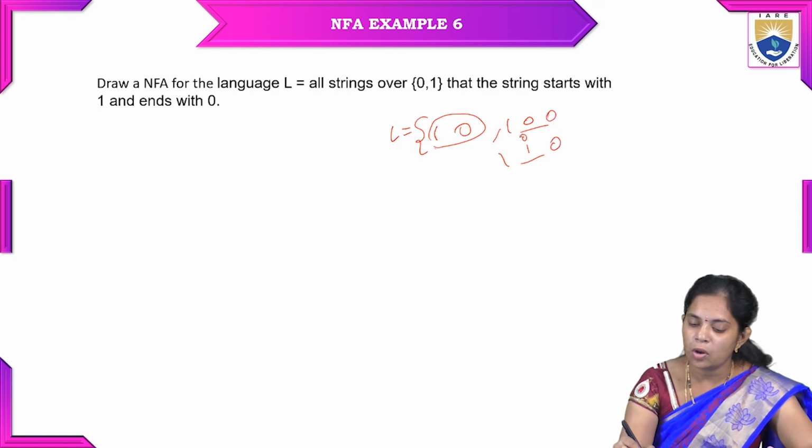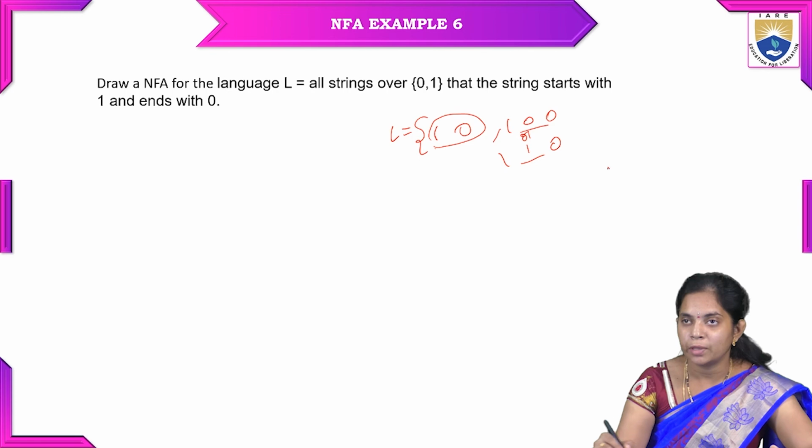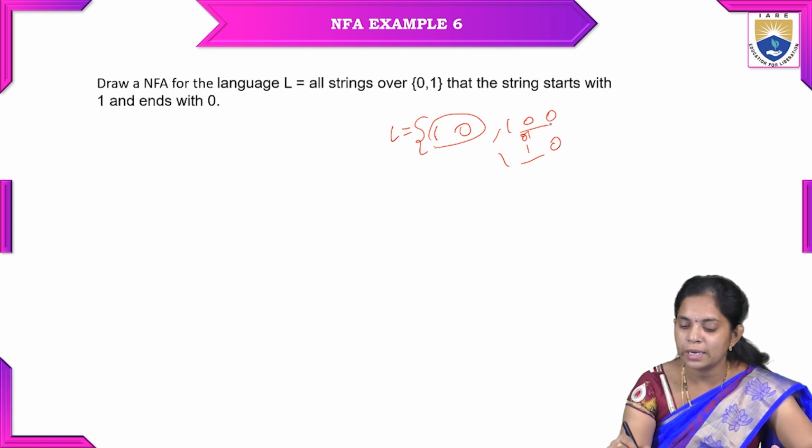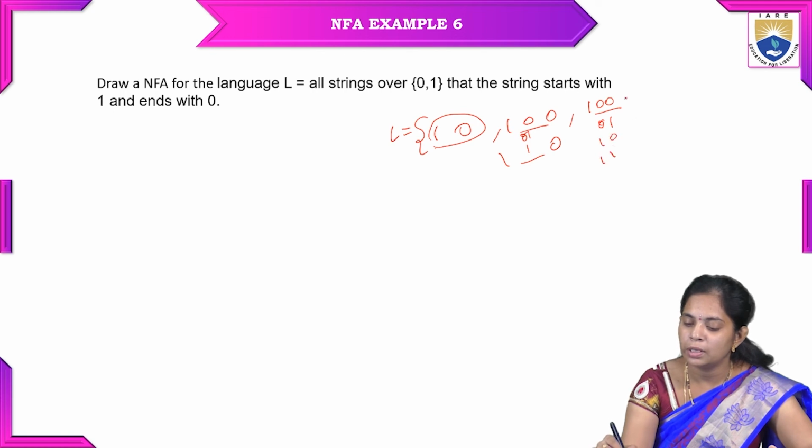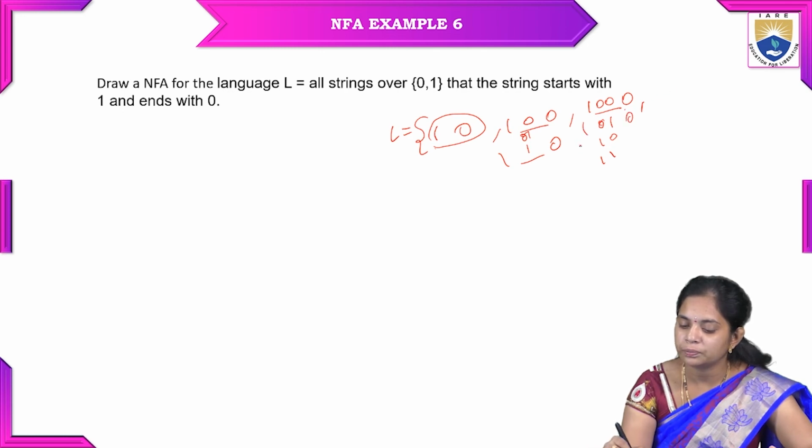So either 0 or 1, in between we can add. The condition is starting with 1, ending with 0. And we can add to the minimum length string, like 1 0 0 0, 1 0 1 0, 1 1 0, in between 1 and 0. So like this we can form many strings.